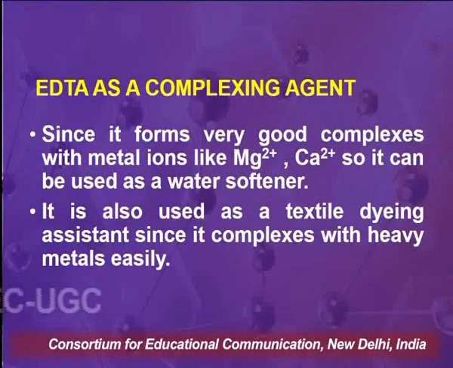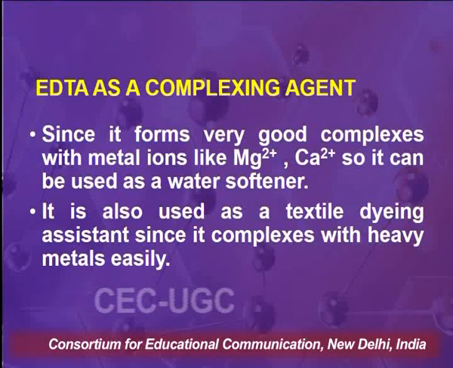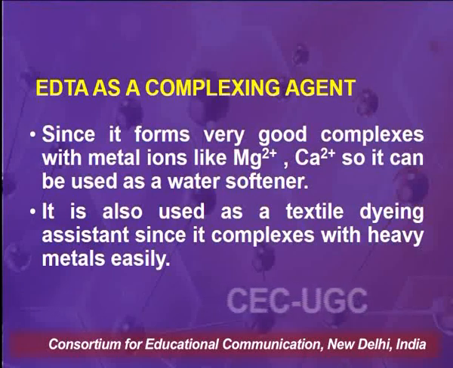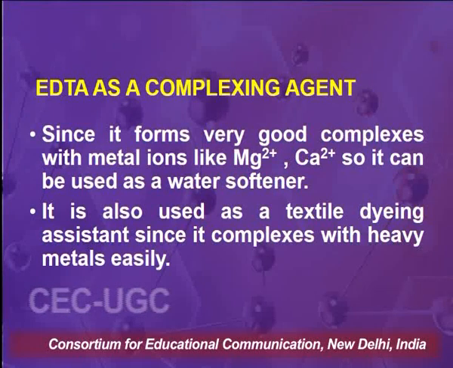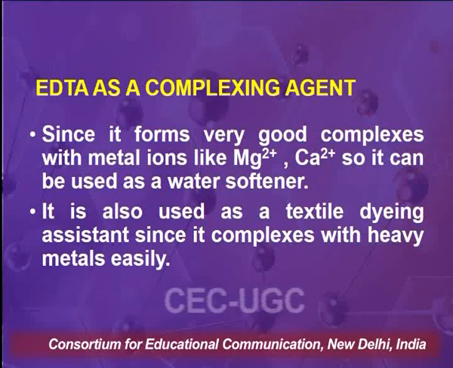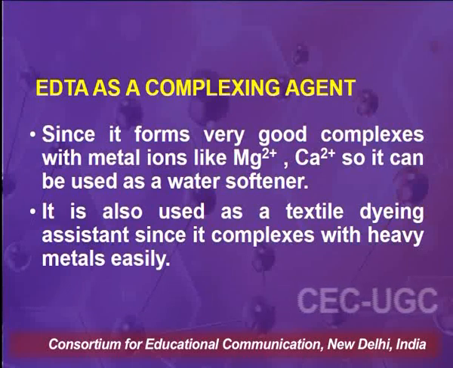Since it forms very good complexes with metal ions like magnesium and calcium, it can be used as a water softener and also for the determination of hardness in a particular water sample.